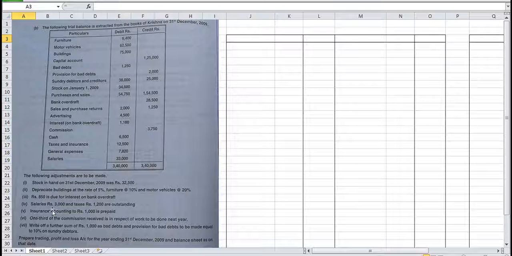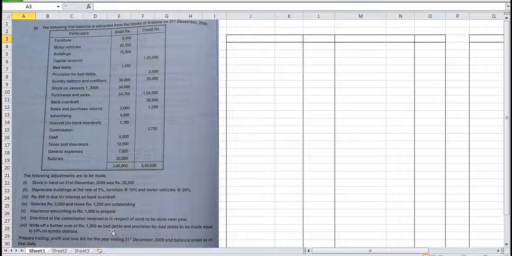Then depreciation: building at the rate of 5%, furniture 10%, motor vehicle 2%. 850 is due for interest on bank overdraft, salary of 3,000 and taxes of 1,200 are outstanding. Insurance amounting to 1,000 is prepaid, already paid.